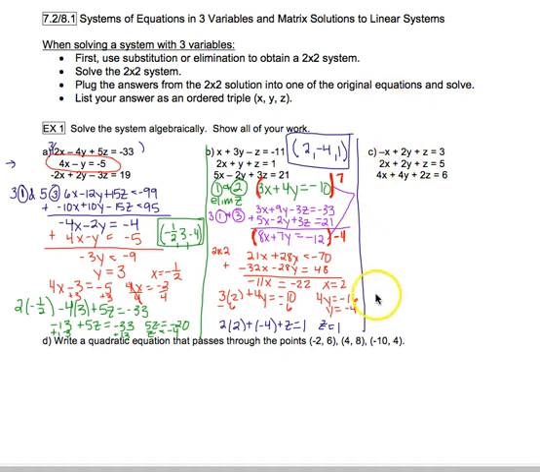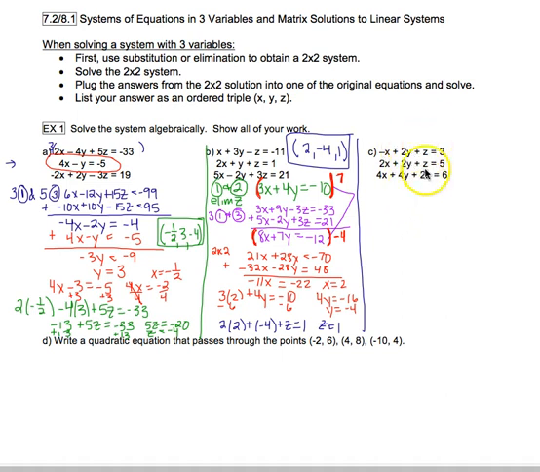All right, third example here. Now I'm going to go ahead and look to see which variable would be easiest to eliminate. Again, if you make a different choice, that's fine. You should still get the same answer as long as you don't make any computational errors.